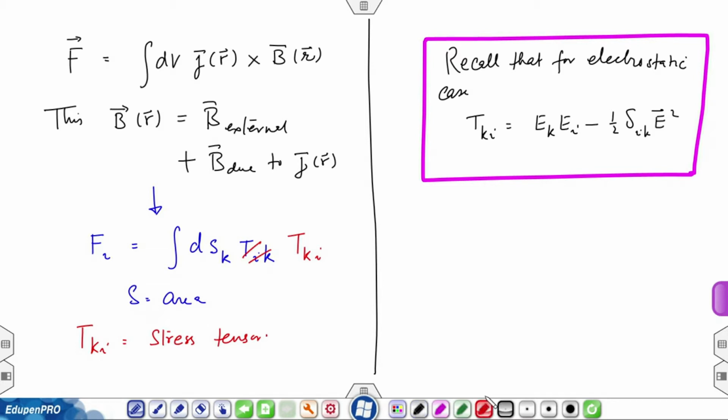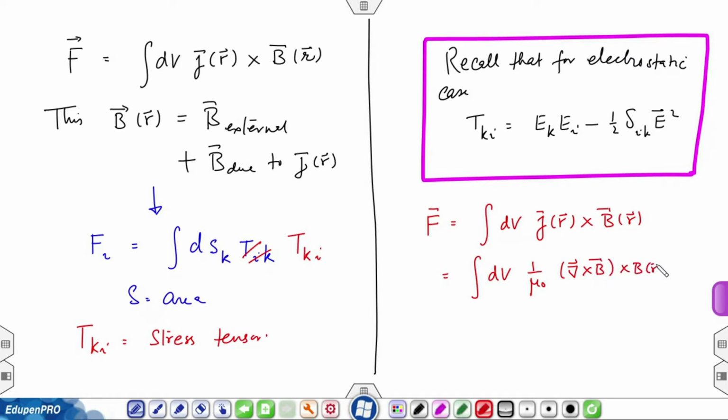So, I want to derive f, which is equal to integration dV j(r) cross B(r), which is nothing but integration dV j, which is 1 over mu 0 curl of B, cross B(r). Curl of B is j because this B is the total B due to external and due to j(r) itself.